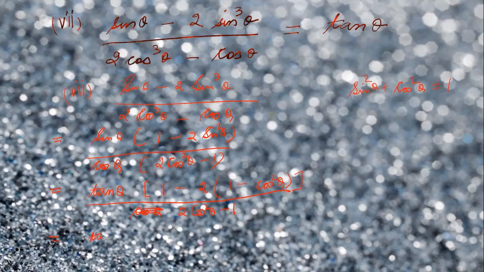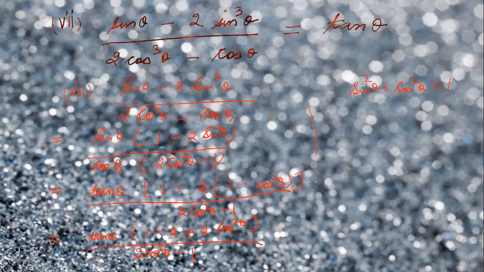So it is tan theta, 1 minus 2 plus 2 cos square theta upon 2 cos square theta minus 1.